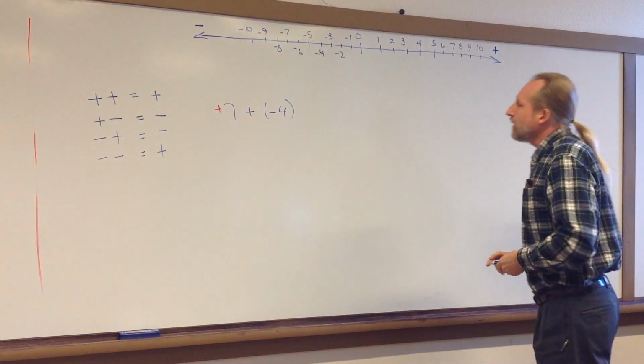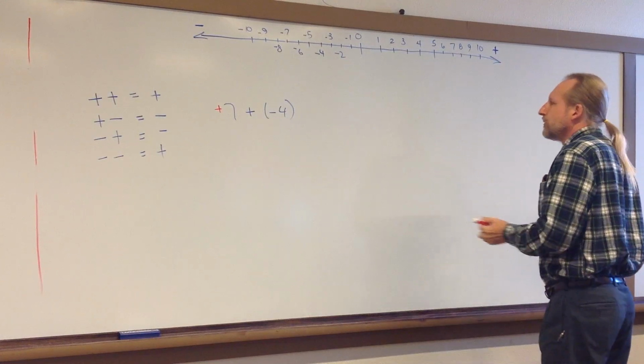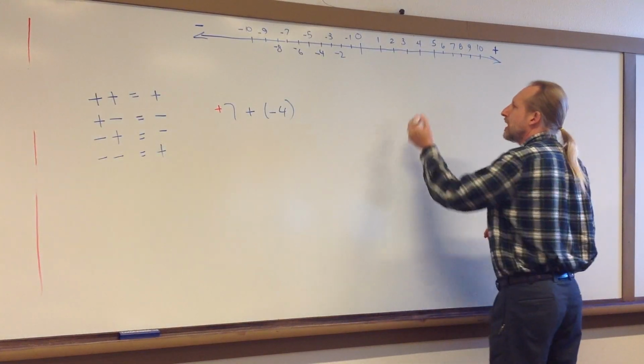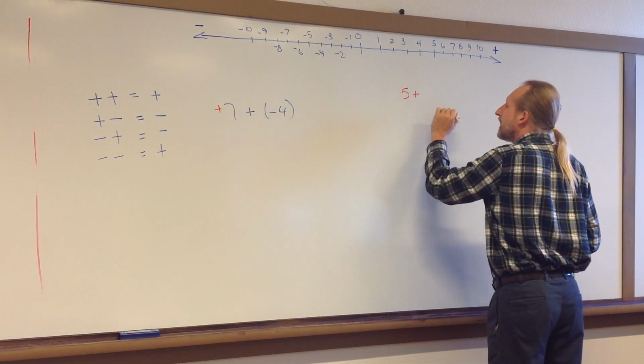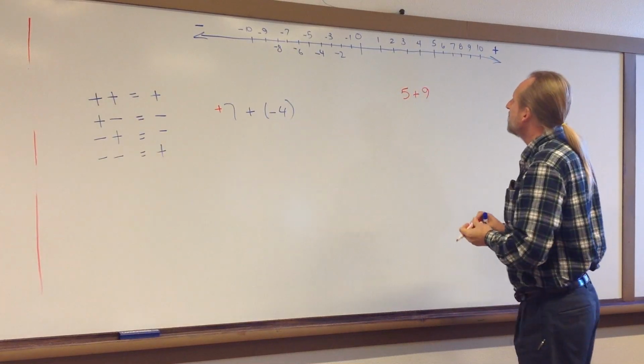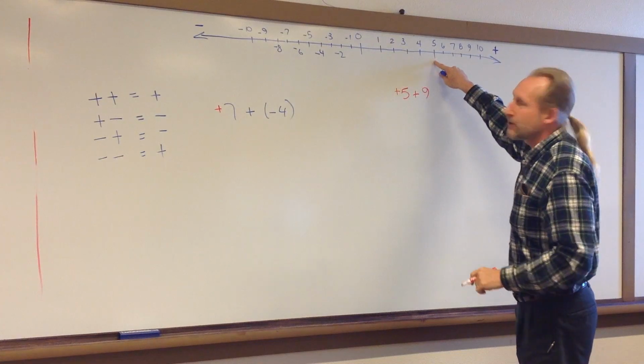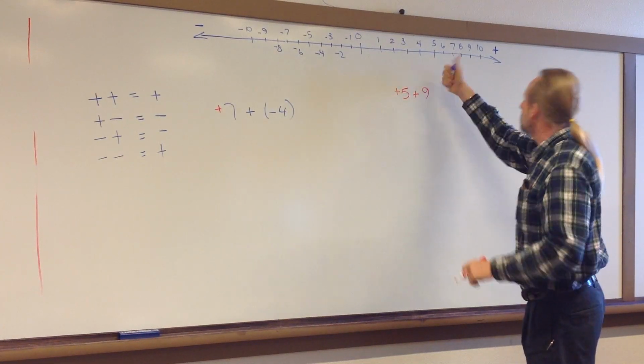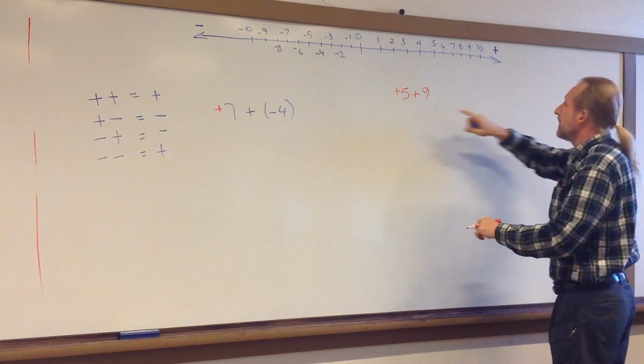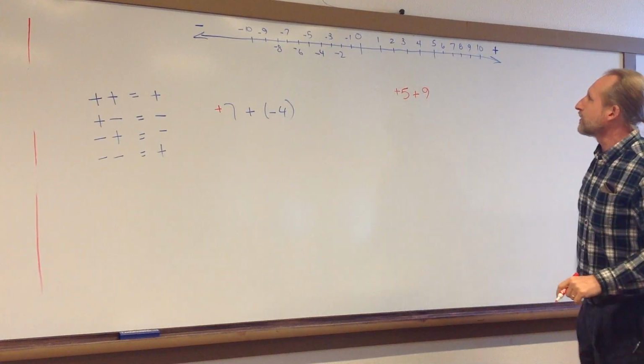One way to think about this is if you're doing a regular addition or subtraction problem, let's say you're doing 5 plus 9. That means you start at the 5, well, this is a positive 5, so you start at positive 5. This plus says to go off in this direction 9 places, that'll take you to 14.